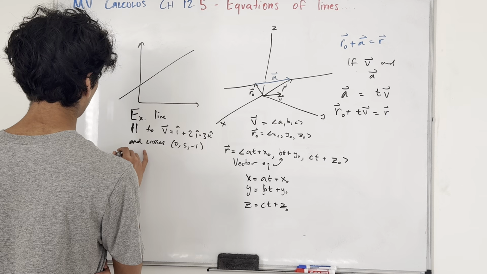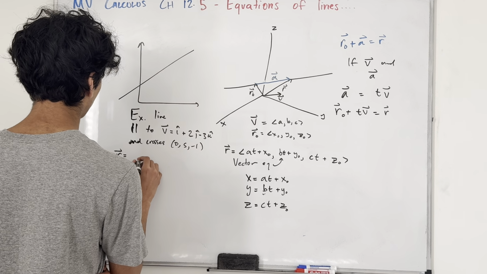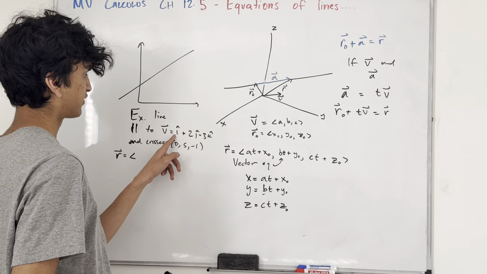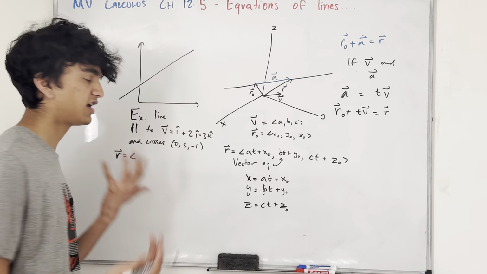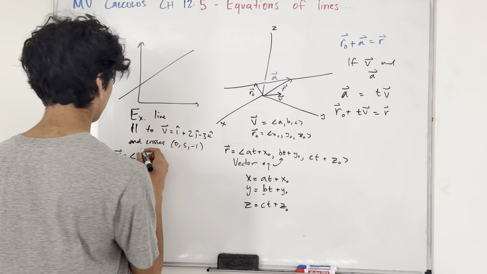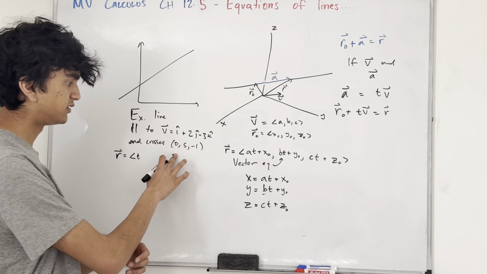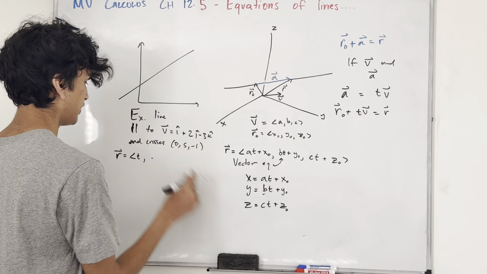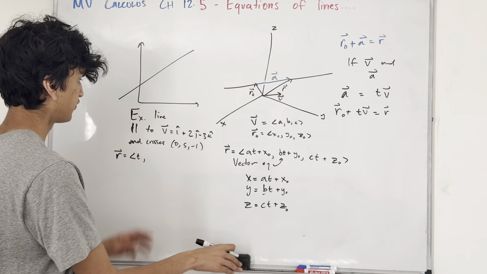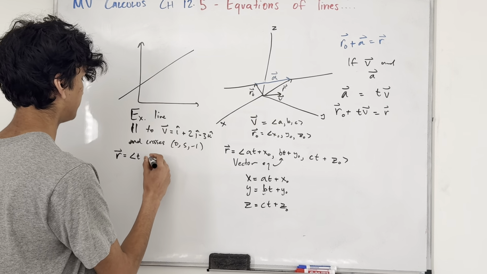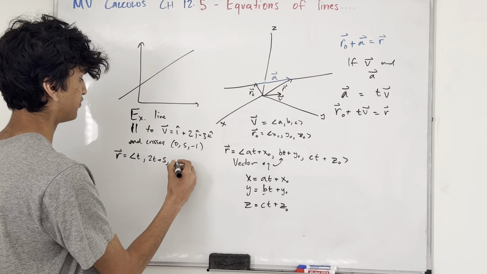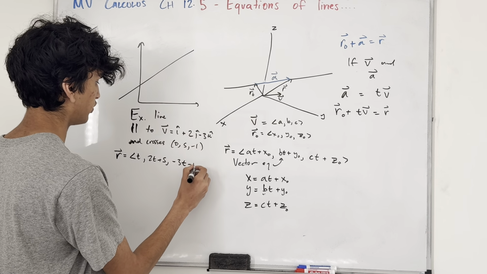So for a vector equation, I can say r hat is going to equal: the x component is 1, so 1 times t is just t, plus the initial x, which is 0, so I just get t here. For the next one, I get 2t plus 5, and then -3t minus 1.